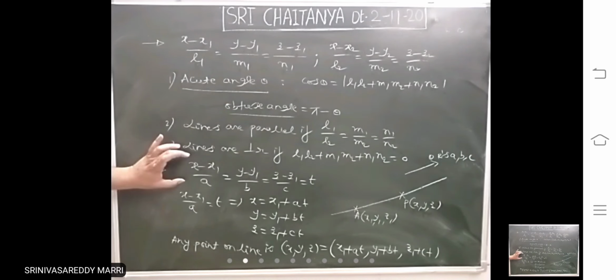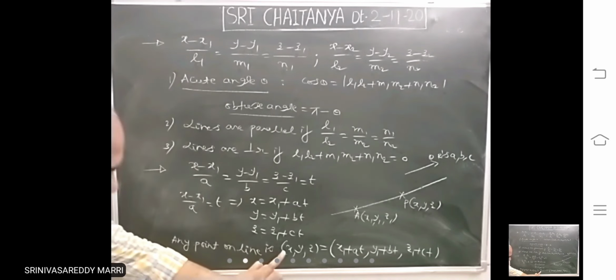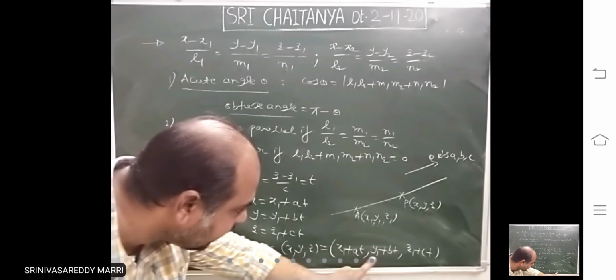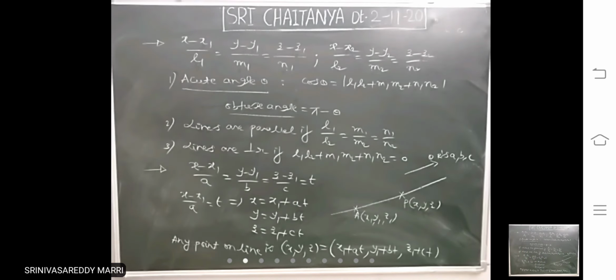That means on this line, any point if you want to calculate, that point x, y, z we will take like this: x1 plus at, y1 plus bt, z1 plus ct.